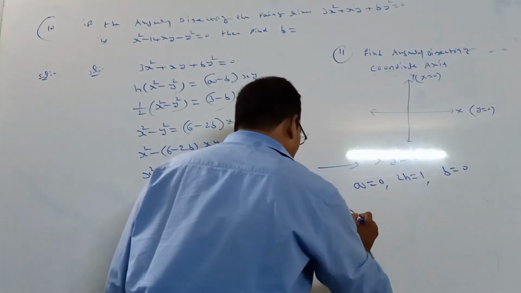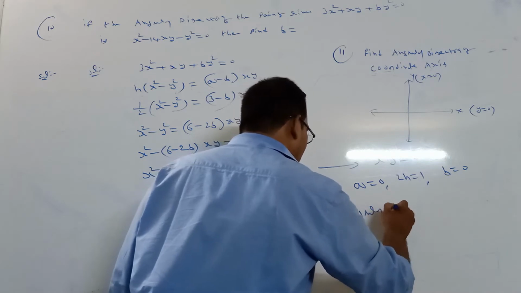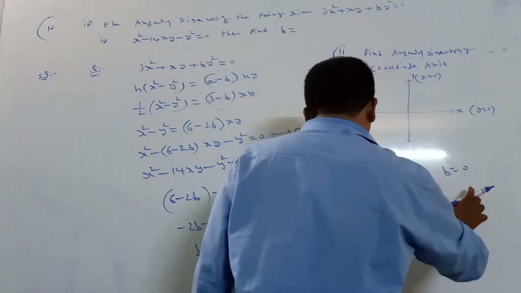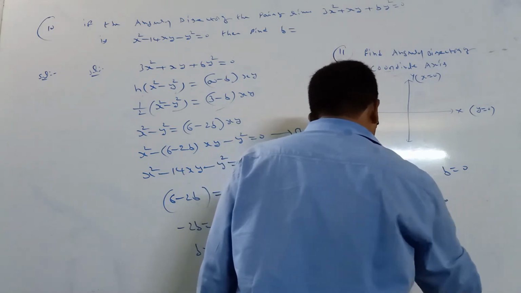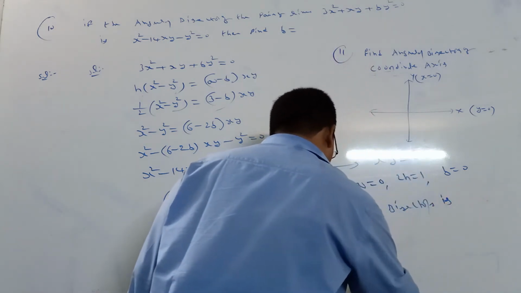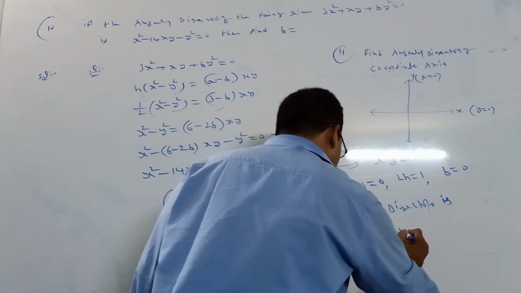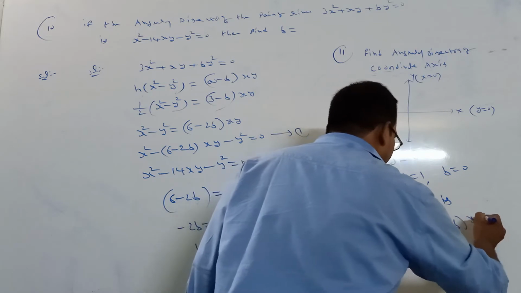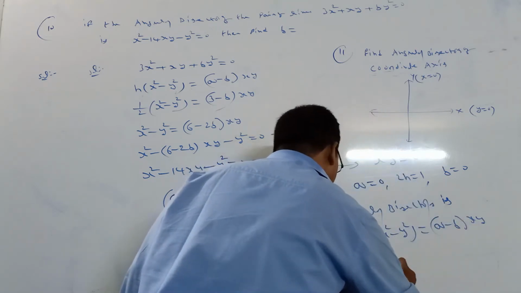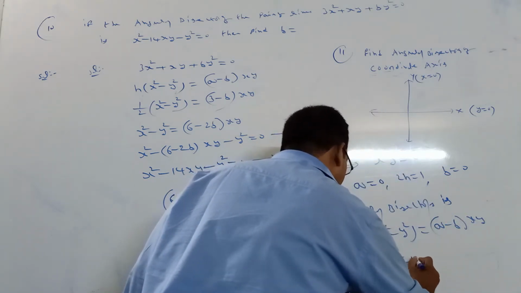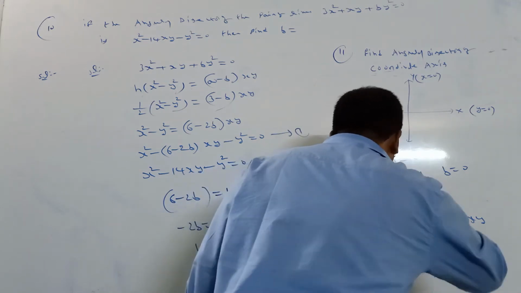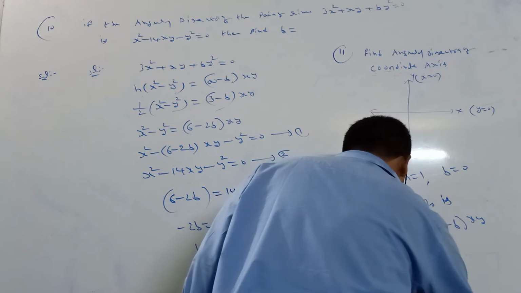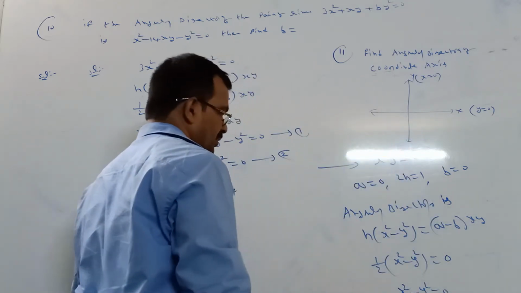So for the angular bisectors, I apply the angular bisectors formula: h of x square minus y square equal to (a minus b) into xy. h means 1 by 2, into x square minus y square, equals (a minus b), which should be 0. Obviously x square minus y square equal to 0.